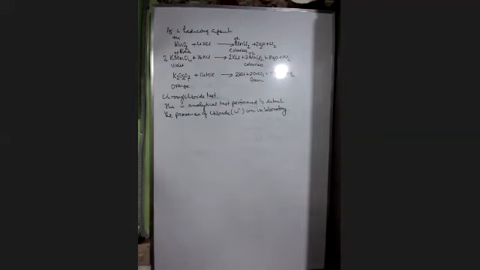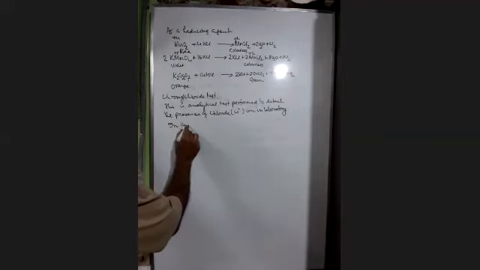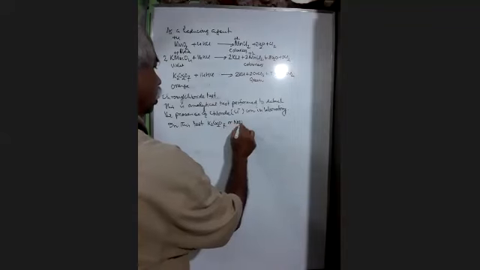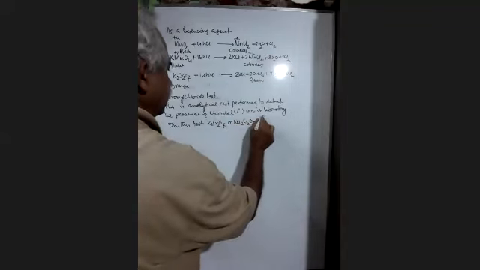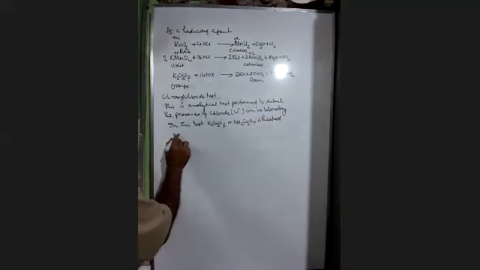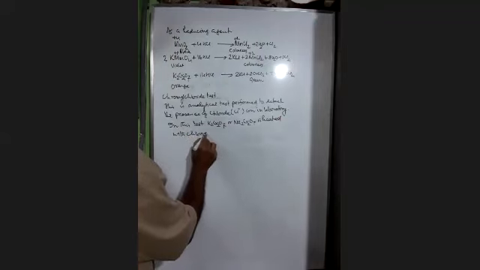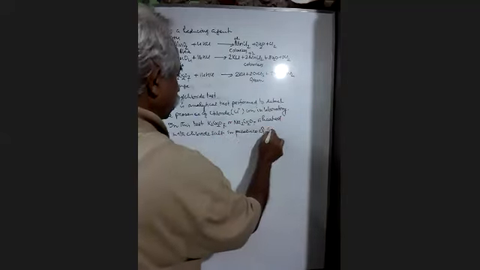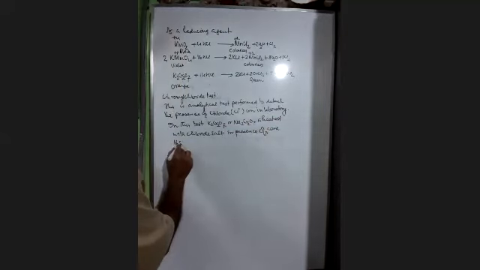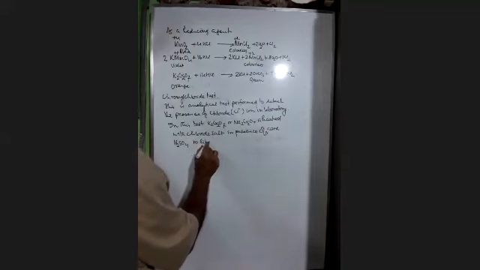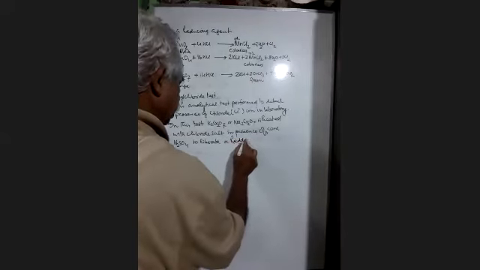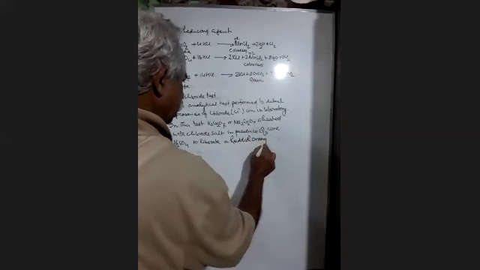So what you do in this test: potassium dichromate or sodium dichromate is heated with chloride salt in the presence of concentrated H2SO4 to liberate a reddish orange vapor.